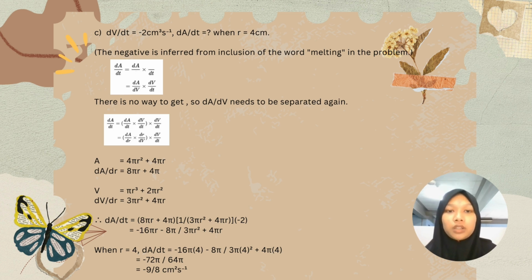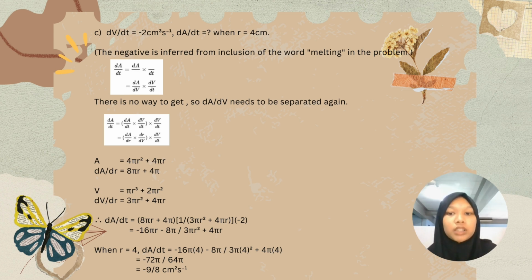What we have here is dV over dr, but the requested one is dr over dV. So we need to do 1 over 3 pi r squared plus 4 pi r. Finally, multiply with dV over dt, which equals -2.